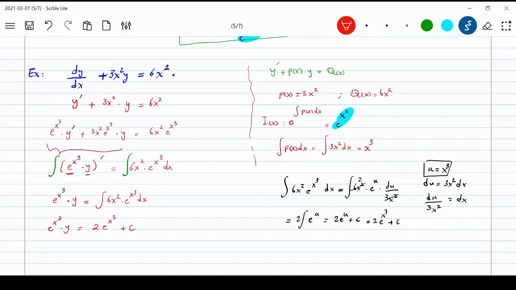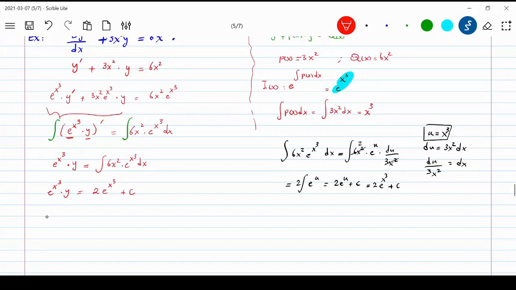So the right hand side is simplified to 2 e to the x cubed plus some constant. And then how do I find the y function? Divide both sides by e to the power x cubed. You can simplify it and write it as y equals, you should write actually y of x, a function of x, or maybe just write y is okay too.